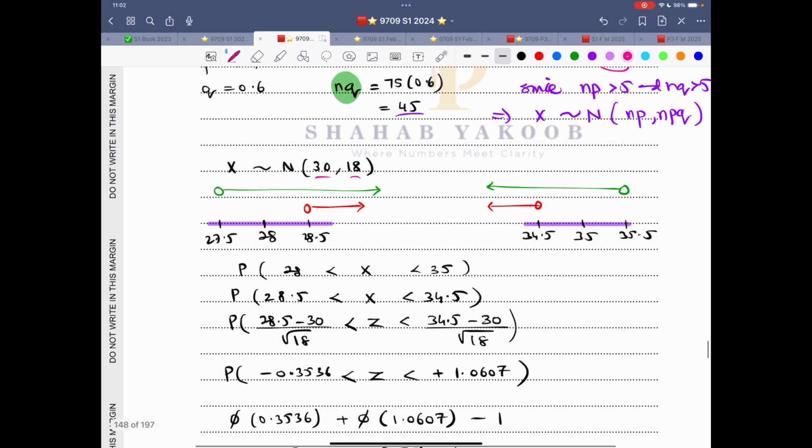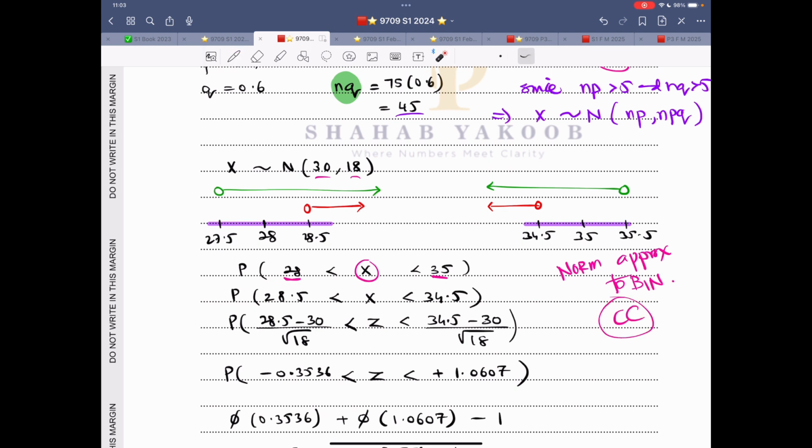And what else is there? The next thing is X lies between 28 and 35. This is normal approximation to binomial. That means binomial becomes normal. Therefore don't forget continuity correction. So what we do is that we take the lower class boundary, upper class boundary of 28. We take the lower and upper class boundary of 35.